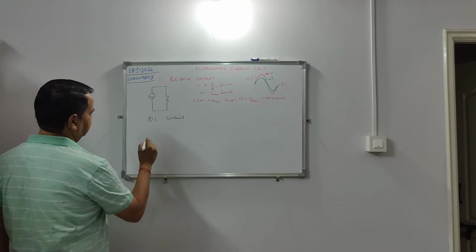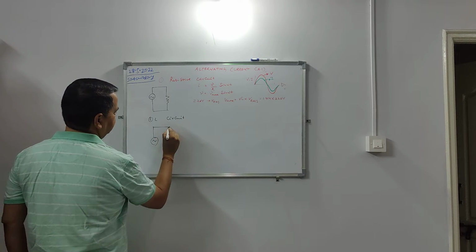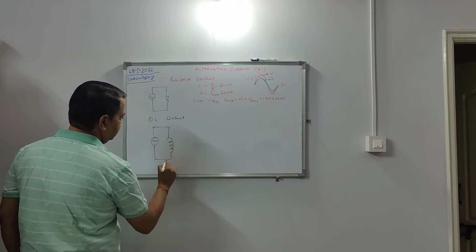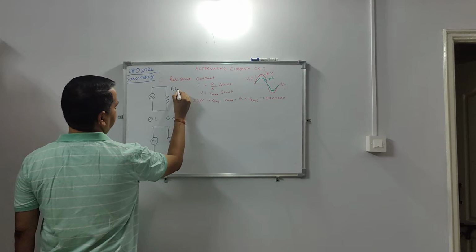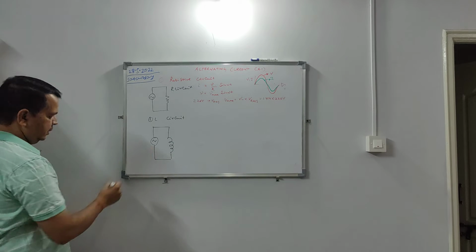How does the L circuit look? An inductor is nothing but a coil, right? So this is my R circuit, and this is my L circuit.